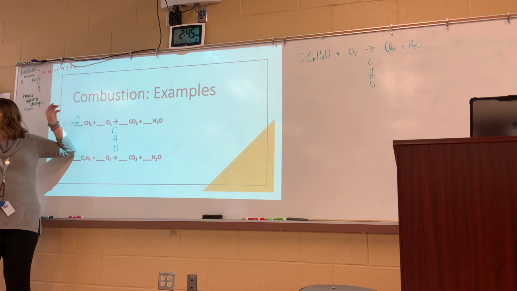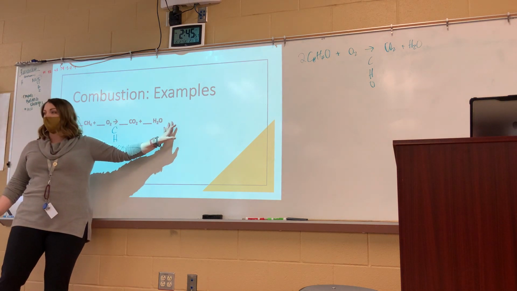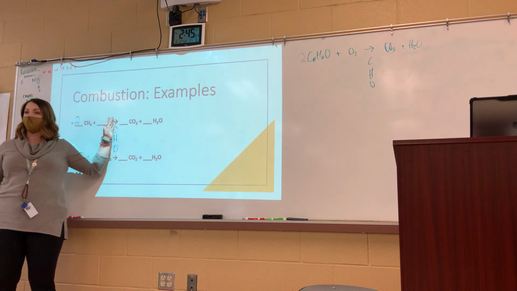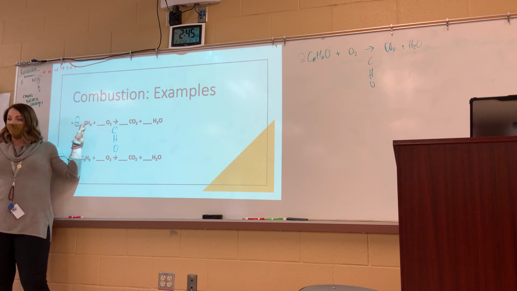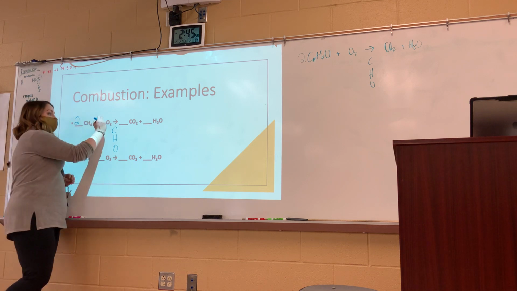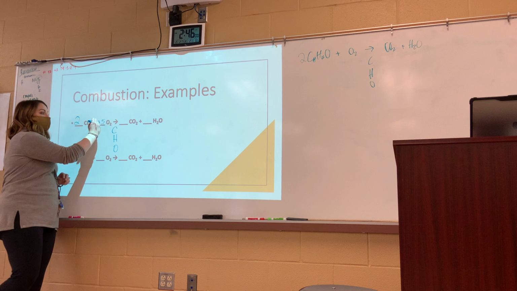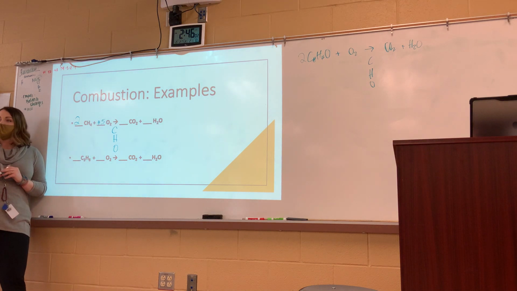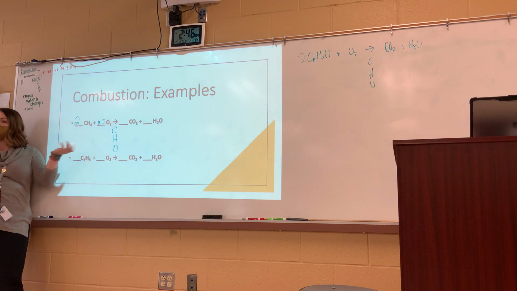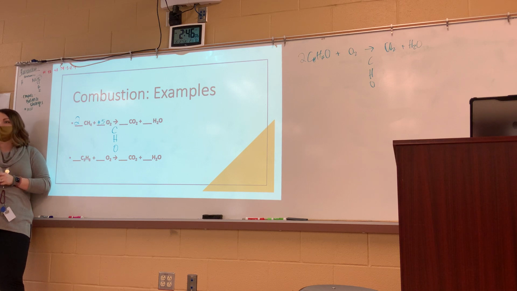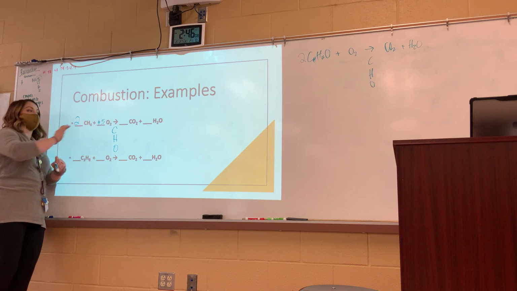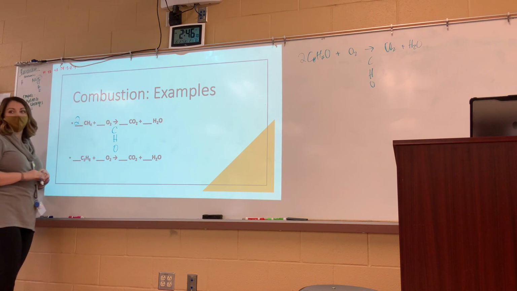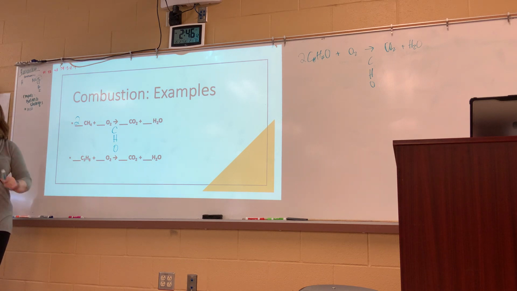Well, a lot of times this side will end up being an odd number. And how do you make this side odd? You have to put like a fraction, right? Like some number 0.5 to make it odd. But you can't have a fraction. So you would have had to multiply everything by 2 anyways. So it's just easier to do this because I've learned that y'all don't like fractions. Am I right? Yes, ma'am?